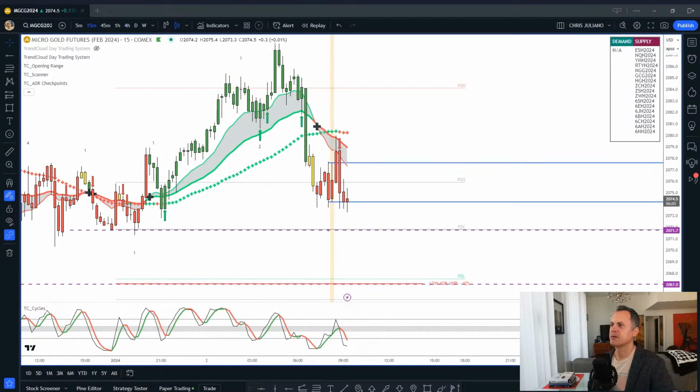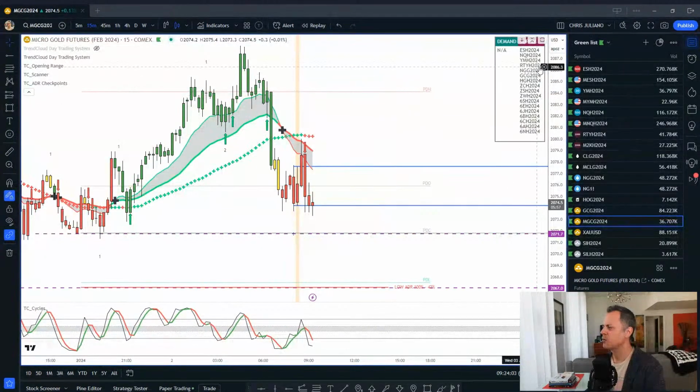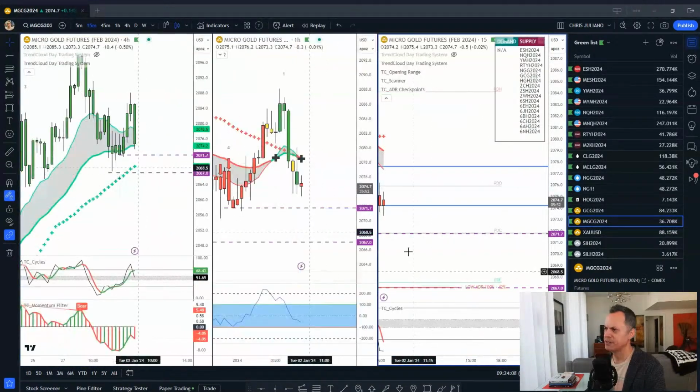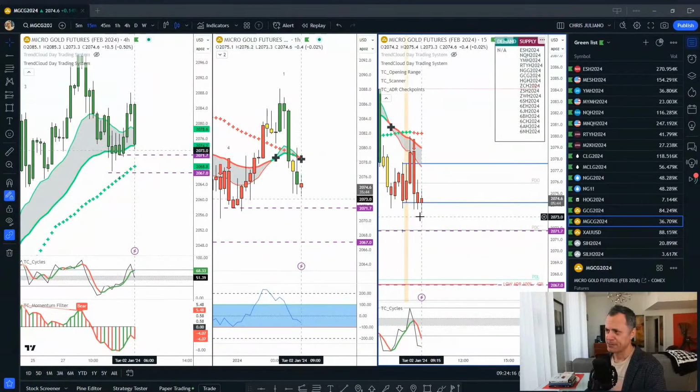If we're accumulating stocks, hey, no problem. Okay, so that's gold breaking out to the downside. The trend is up on the 4-hour chart, but this thing is wanting to break out to the downside.